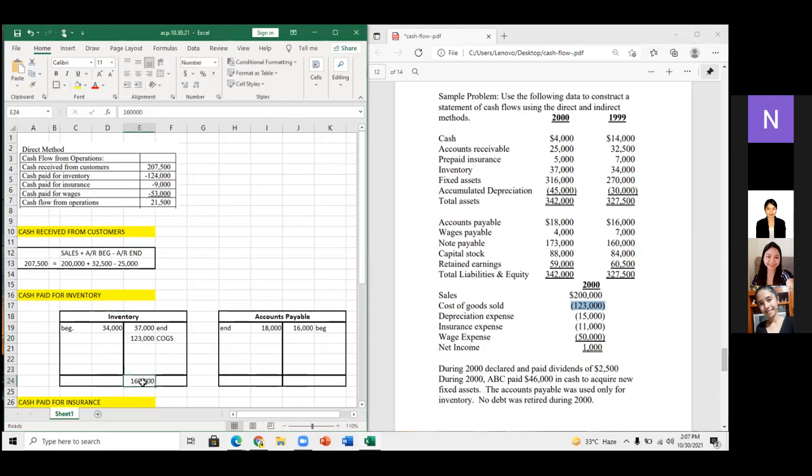Itong 160 na total, ililes natin yung 34 na beginning. So, 160 minus 34, makukuha natin yung pinurchase natin na inventory na 126. Ito yung naging purchases natin during the period. Malinaw ba yun? Nag-gets, di ba? Ang total din nito is 160.